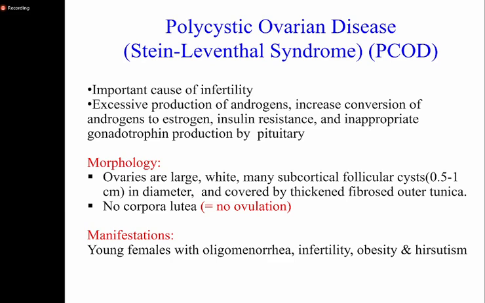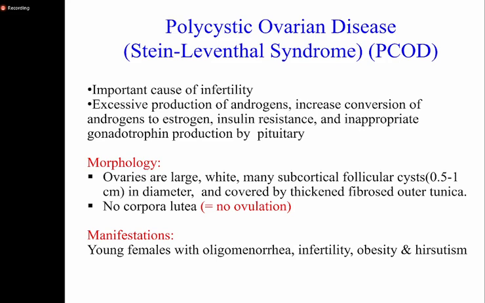The ovaries are large, they are white, they have numerous subcortical follicular cysts, measuring anywhere from 0.5 to 1 centimeter in diameter, and they are covered by a thickened, fibrosed outer tunica. And the follicular cysts do not convert to corpora lutea. So there is no ovulation. Okay, so that's why these young women are infertile.